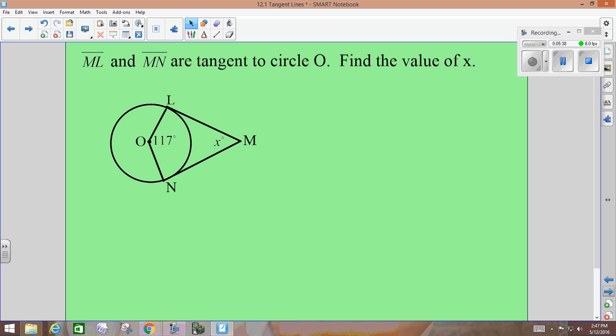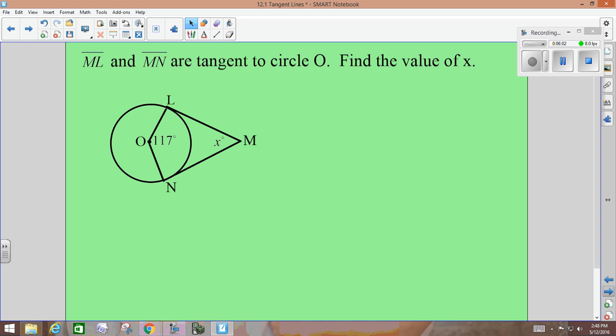Number two, ML and MN are tangent to circle O. Find the value of x. What do you guys think? What can we do here? If you hear lines being tangent to circles, hopefully an angle measure comes up.